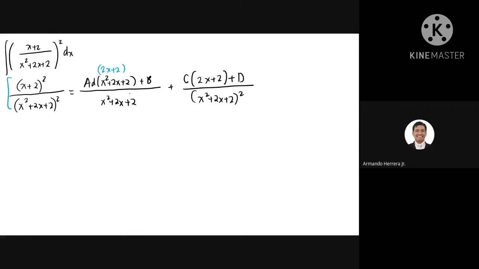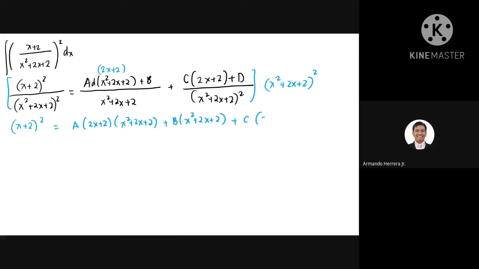Then we multiply it with its LCD, (x squared plus 2x plus 2) raised to the second power. So that this gives us (x plus 2) squared equals a times (2x plus 2) multiplied by (x squared plus 2x plus 2), since one factor remains when we multiply by the LCD, plus b multiplied by (x squared plus 2x plus 2), plus c (2x plus 2) because that cancels out, plus d.